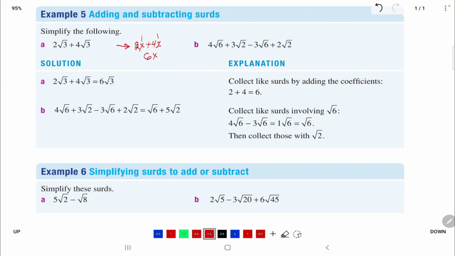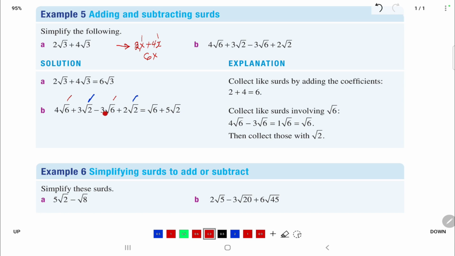Now we have two terms with the square root of 6, and two terms with the square root of 2.